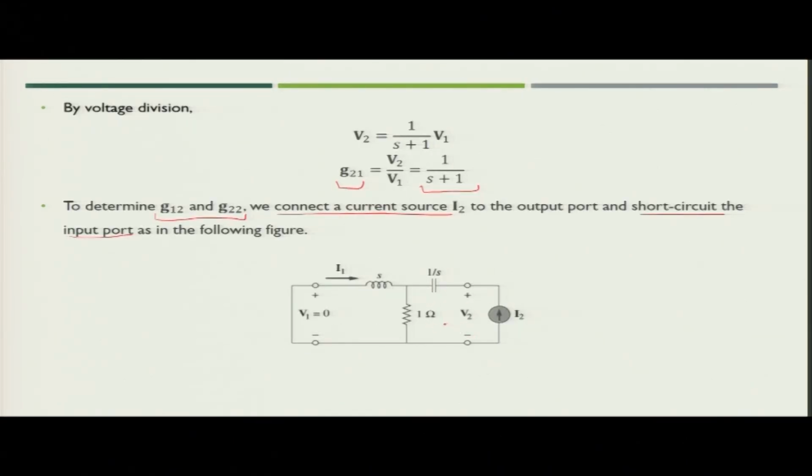Here if you see, the current I2 is flowing through the 1 ohm resistance as well as the inductor. So, the component of I2 flowing through the inductor will be nothing but equal to minus of I1. So, we have to find out the portion of I2 flowing through the inductor. For that we can simply utilize the current division.